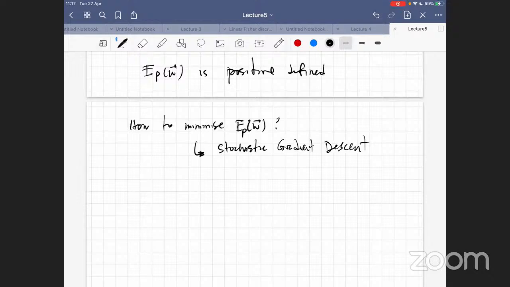Most of the optimization in machine learning today, in numerical complicated models like neural networks, they use stochastic gradient descent. So let us open here a parenthesis to explain what gradient descent is. And then we continue with the perceptron.